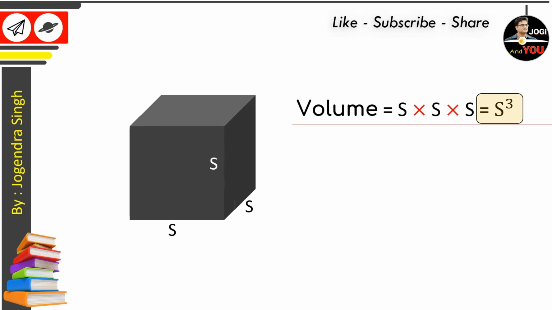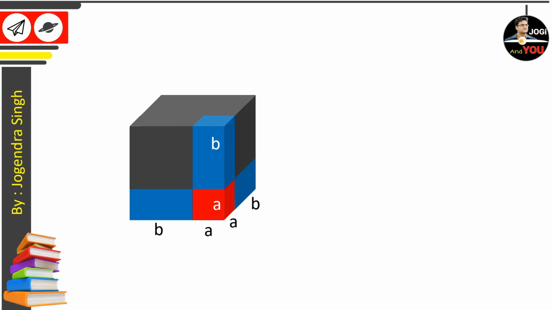Now, instead of having the side as one length, if you want to divide it into two unequal parts, just like this, then you can see that S is nothing but a combination of A and B. That means the length of this cube is A plus B, breadth is A plus B, and the height is also A plus B.